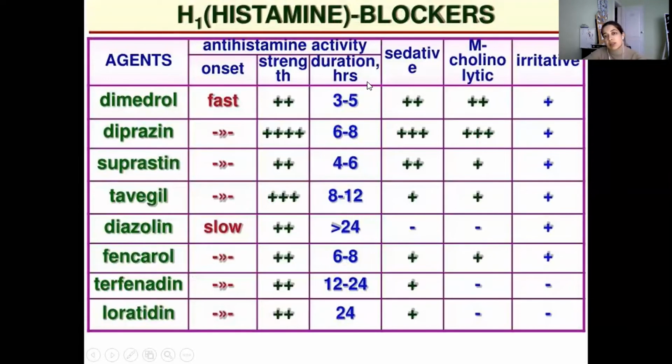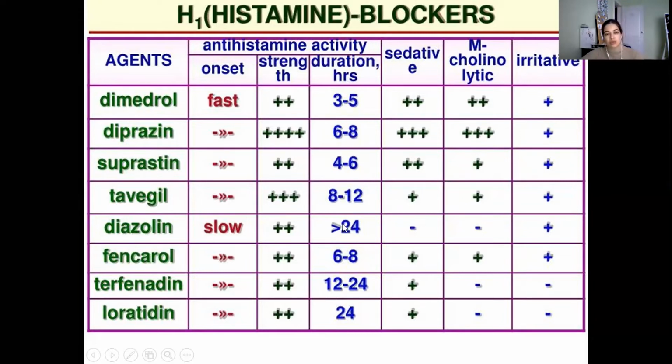And for the anti-allergic drugs, we have some agents which we can compare to each other. For example, dimedrol, diprazin, suprastin, tavegil, diazolin, these are drugs of first generation. They have not a very long duration, 5 to 8 hours, up to 12 hours.